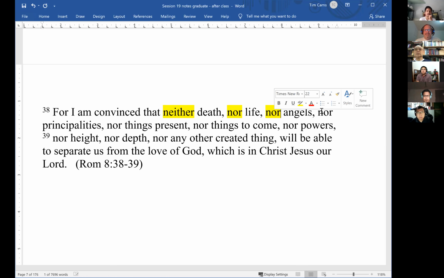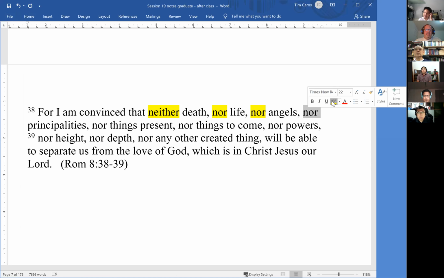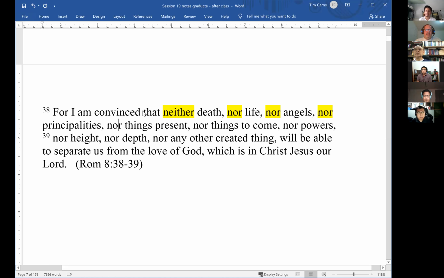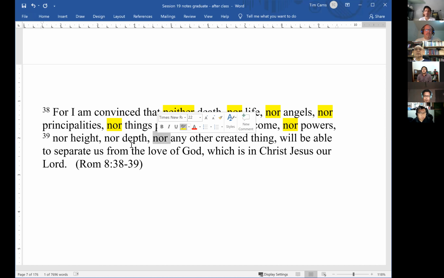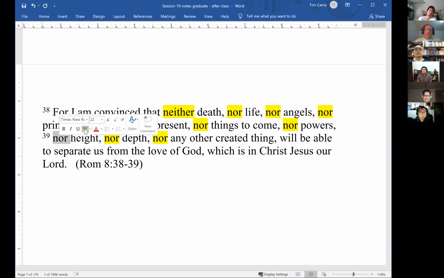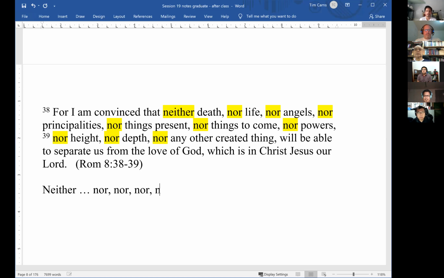Yes, Pastor. Okay. So in this case, the correlative introduces, there's too many of them. It's going to take me all night just to highlight each of these. But you can see the correlative here is neither and then nor, and then we have it coupled with several nors.